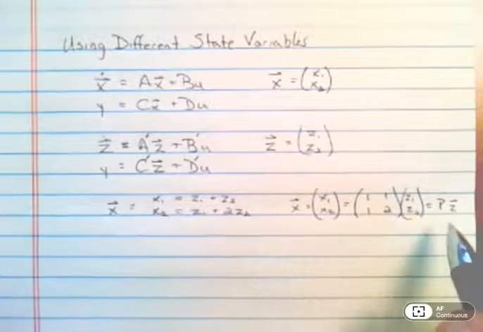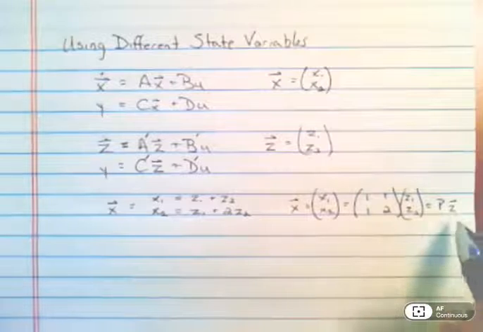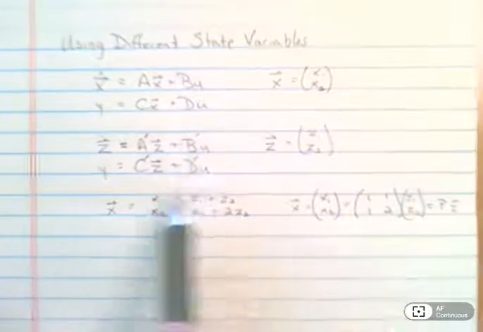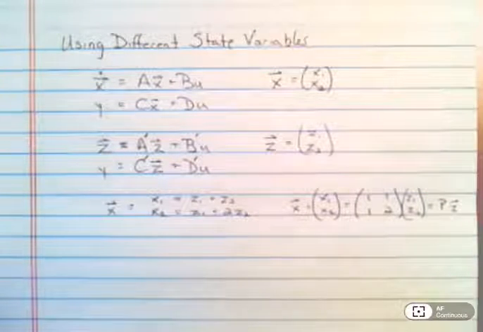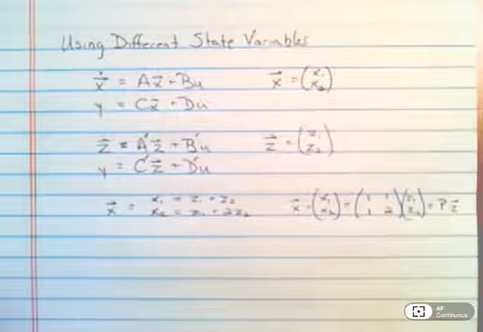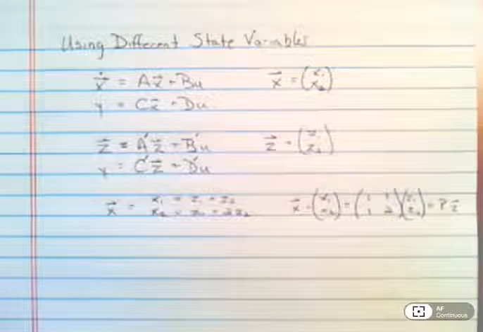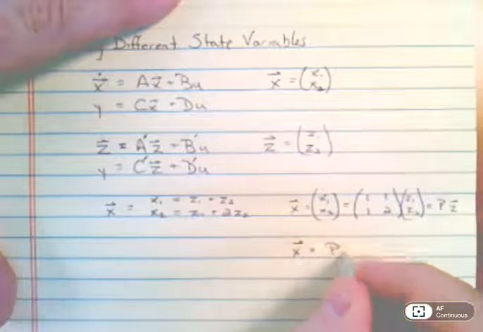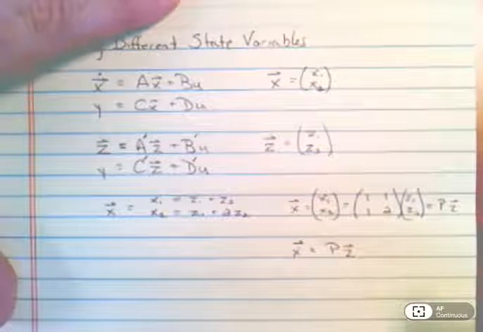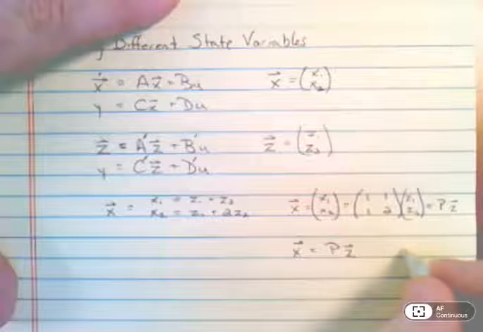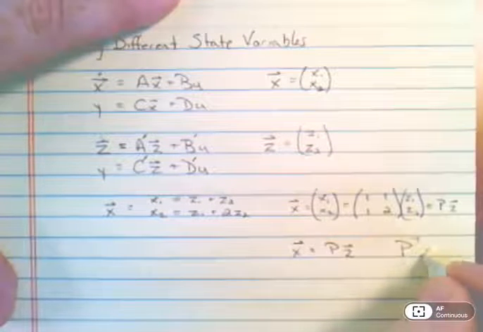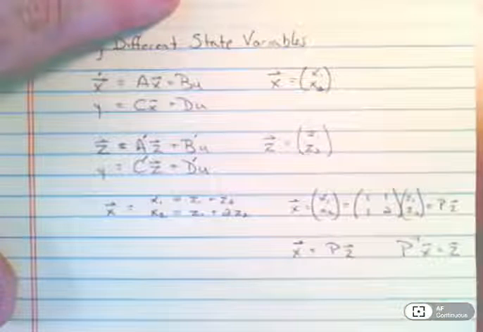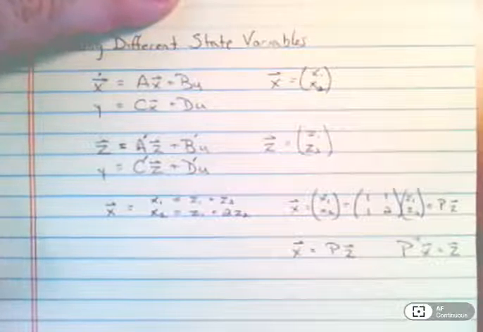My x is equal to P, the matrix, times your z. Now the interesting thing is to see what that means in terms of how our A, B, C, D matrices and vectors are related to each other. So I acknowledge that x, the vector, is equal to Pz. And what that also means is that P inverse x equals z, the vector. So I can think about it in either direction.